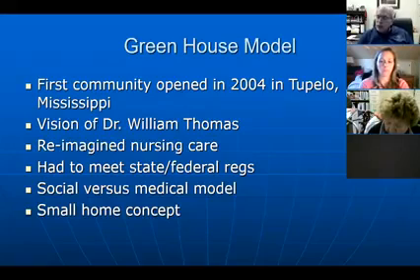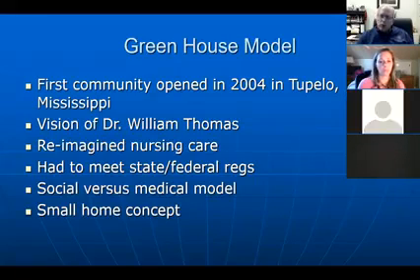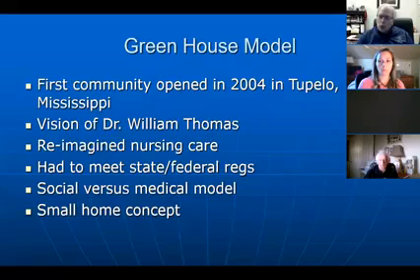But they realized they had to do it also in a way that met all of the state and federal regulations for nursing homes. And so my green homes and all of the 300 plus greenhouses across the United States all meet the state and federal regulations that govern nursing home care. It is very much a difference in terms of it's a social model of care versus the medical model, which means that the doctors and nurses are not center stage anymore, but the folks who actually work with the elders every day, in our case, Shabazz, and I'll go into that a little bit more.